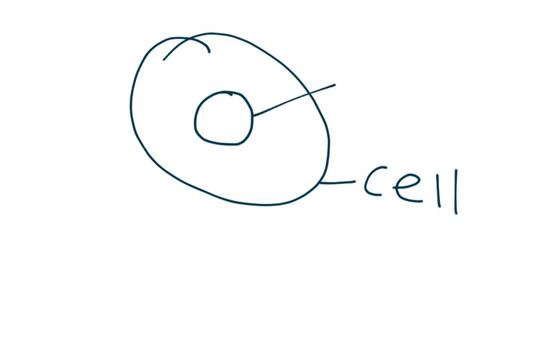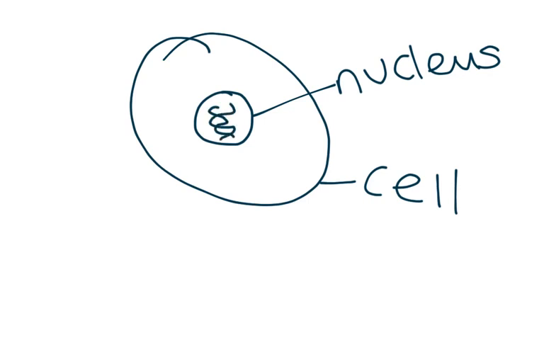So if you recall the other day, just say we have the cell right here, and inside the cell, this is all the cells in our body, we have the nucleus. Inside the nucleus we have what we commonly know as the double helix, so that's our DNA strand.